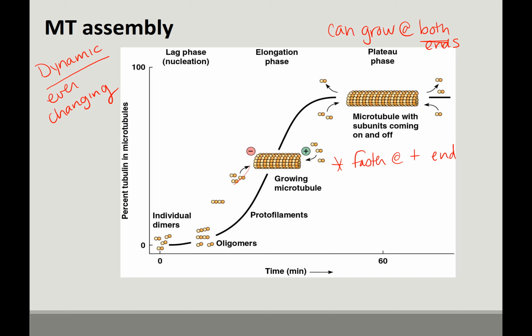Usually the minus end is associated with a microtubule organizing center, MTOC. And so here the dimers are added on and the microtubule continues to grow. But I want you to see that you can lose and you can grow at both ends.